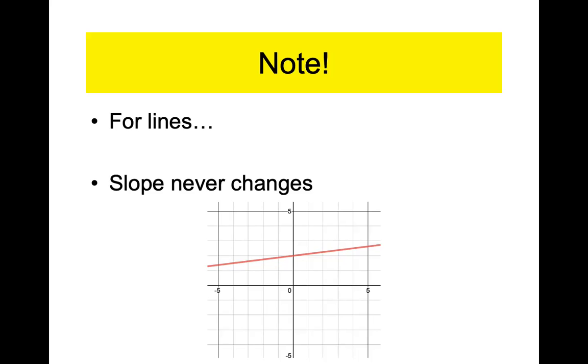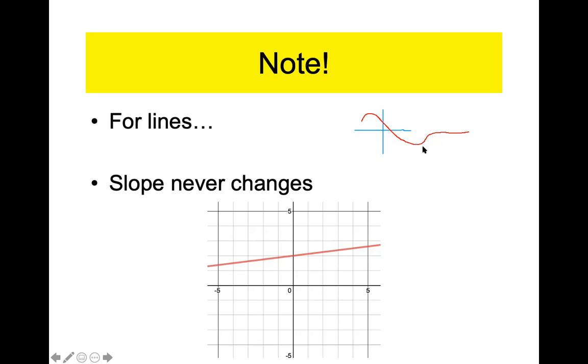Now, there are other things like curves. I'll draw one for you real quick. So if this is my XY plane, I could have a curve where the slope changes multiple times, right? And then maybe it does something like this. So notice that anywhere along this point, the slope is different. It's always changing.